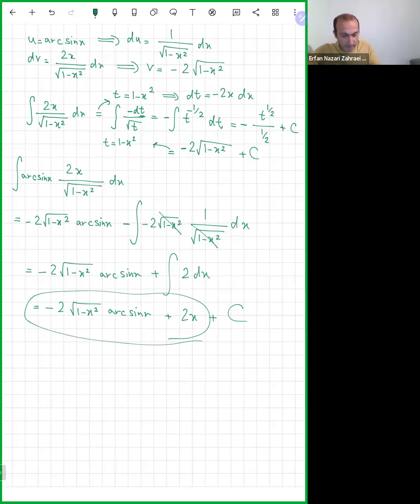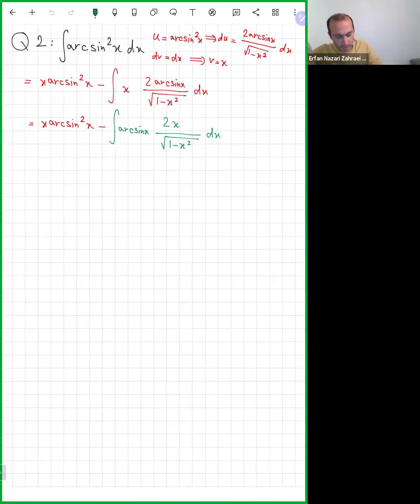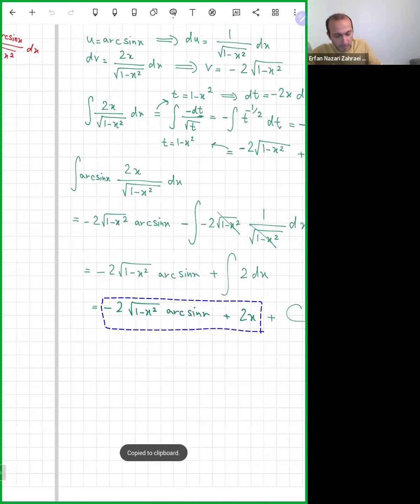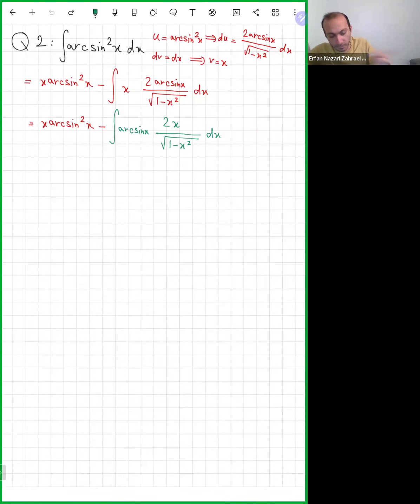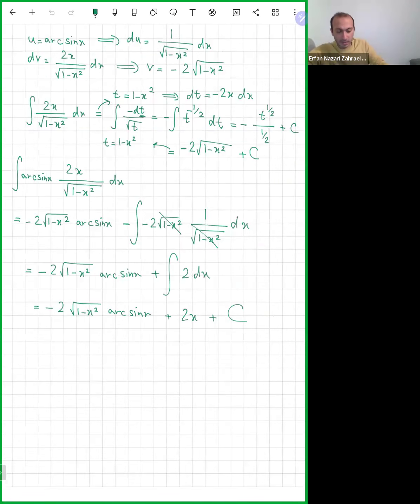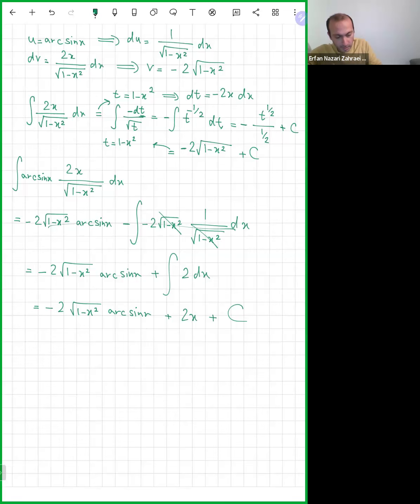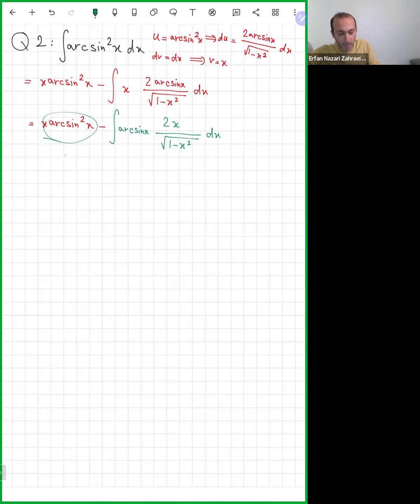Now that I have the answer for antiderivative of this expression, I will replace it here. This is the antiderivative of this that I found with a second integration by parts. The reason that I did this separate computation is that I could do it here, but every time that I would write a line of computation, I needed to copy this, copy this, copy this, copy this, and that was a waste of time.